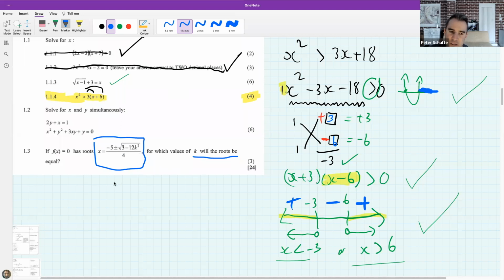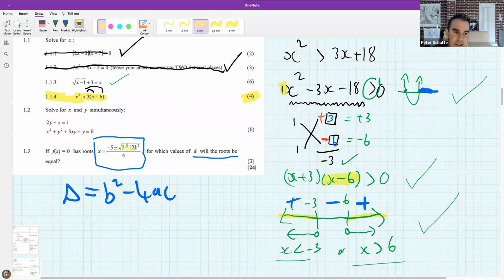But now there's a part of the quadratic formula called delta. And delta is the b squared minus 4ac part. And delta is always hanging out inside the square root bracket. So in this question, delta is this. Now, when delta is equal to 0, you have equal roots.